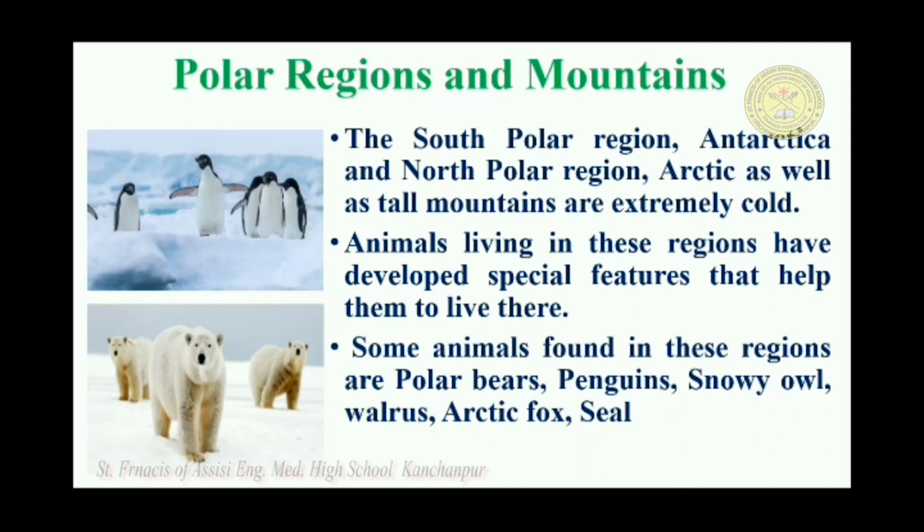So polar bears have thick fur and a layer of fat under their skin to keep themselves warm. And penguins huddle together to protect themselves from cold. Okay, so these are some animals found in this region.